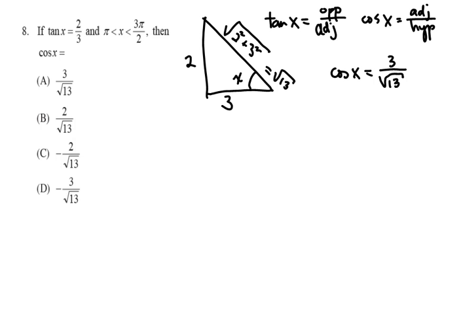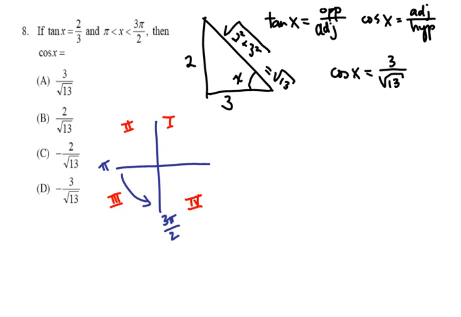Now, in order to find out whether it's going to be positive or negative, we still have to look at which quadrant we're in. And since we're between pi and 3 pi over 2 on the unit circle, we are working in the third quadrant.